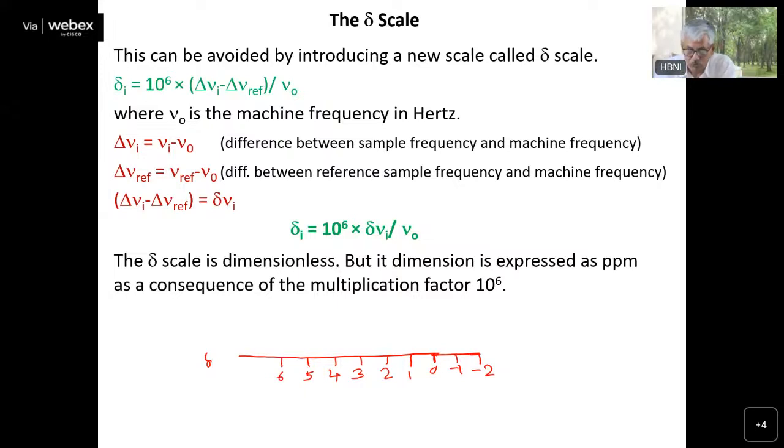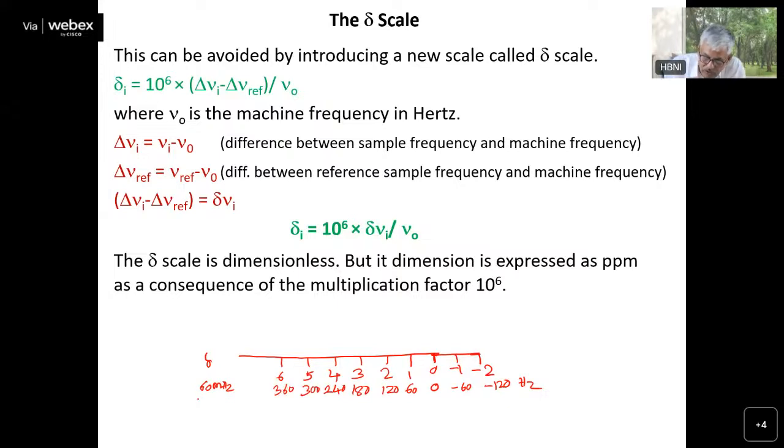Now if you go for a 60 megahertz machine, the frequency of this will be 0, this will be -60, this will be -120. These are in hertz. This will be 60, 120, 180, 240, 300 and 360.